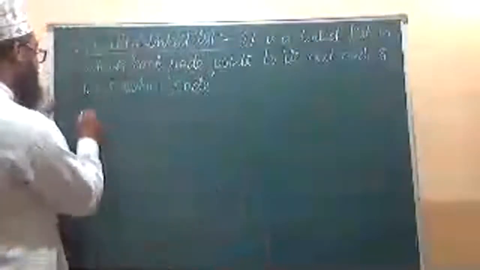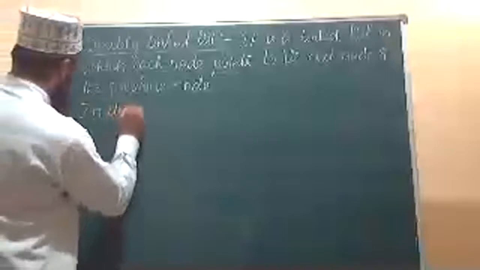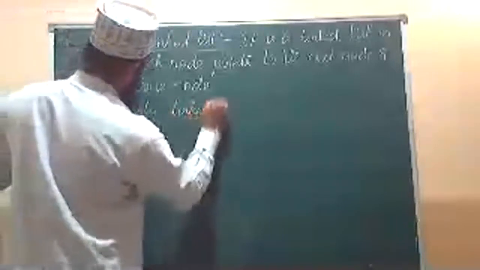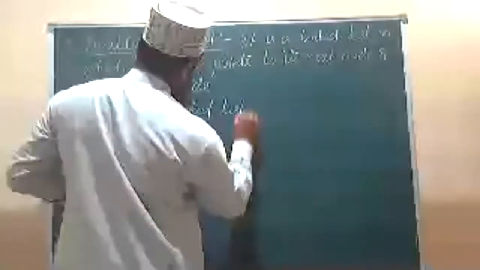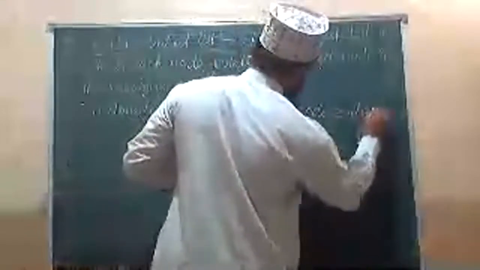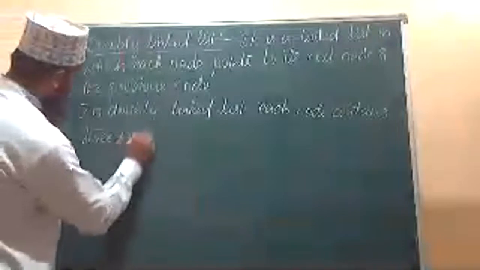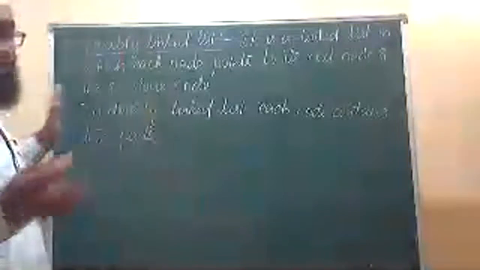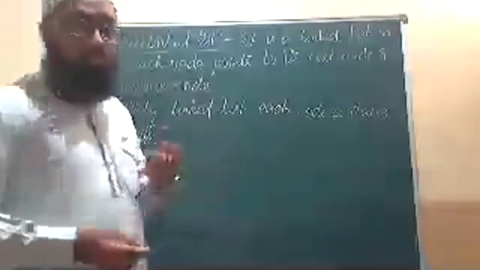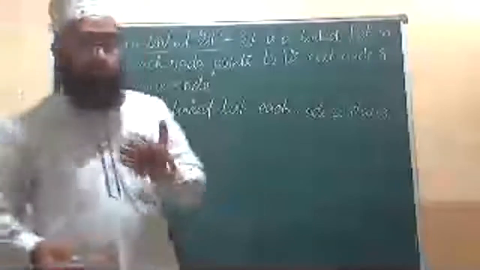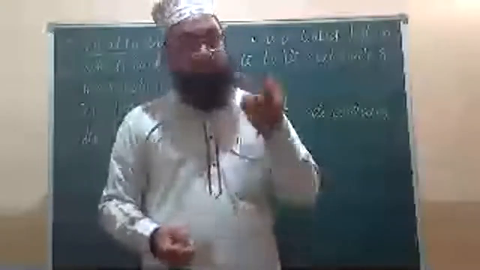In a doubly linked list, each node contains three parts. In the linked lists we have seen, in the singly linked list each node contains only two parts, and in the circular linked list each node contains two parts.